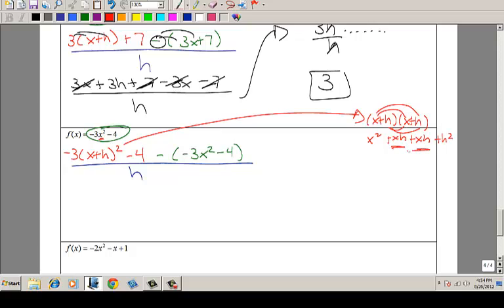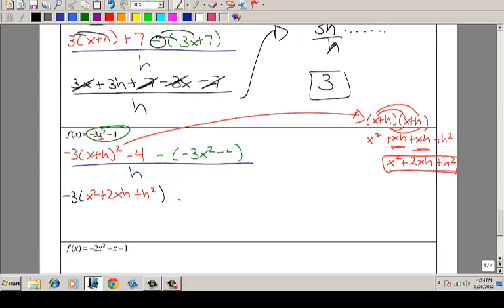If I combine like terms, I end up with x squared plus 2xh plus h squared. I would memorize that x plus h squared is equal to x squared plus 2xh plus h squared. Okay, so let me go ahead and write that information down. I'm going to bring down my negative 3. Recall that x plus h squared we just determined was x squared plus 2xh plus h squared.